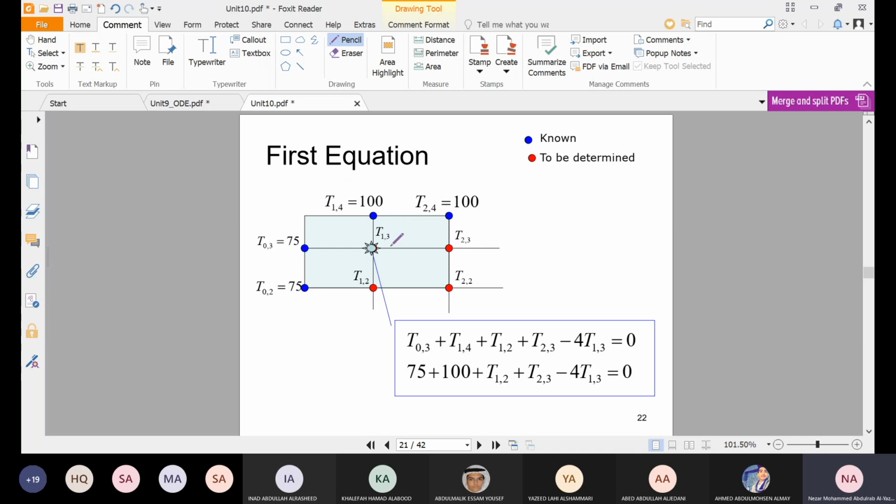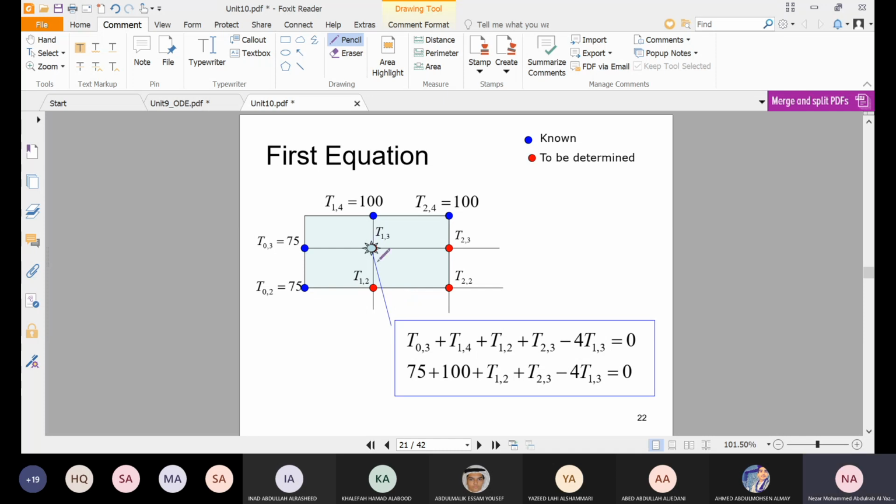For example, if you want to find the equation for T13, the first equation. For this one, you can see the blue ones are known to us because they are boundary values, and these three red ones are to be determined. We need to determine these values.